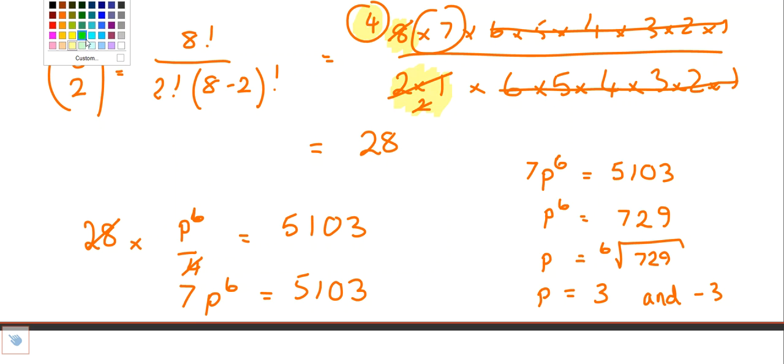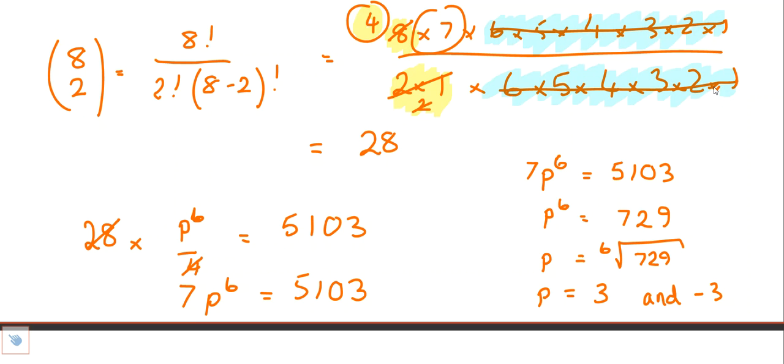And then this all cancels with that. So I'm left with only my 7 and the 4. Right. Any other questions on that one?